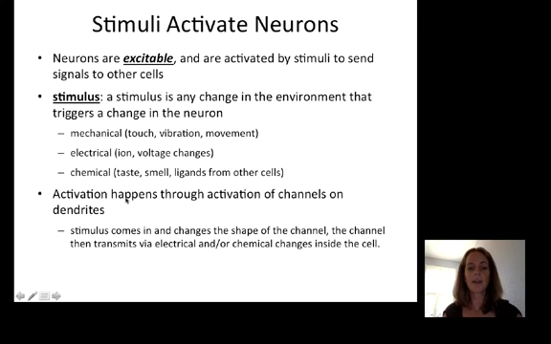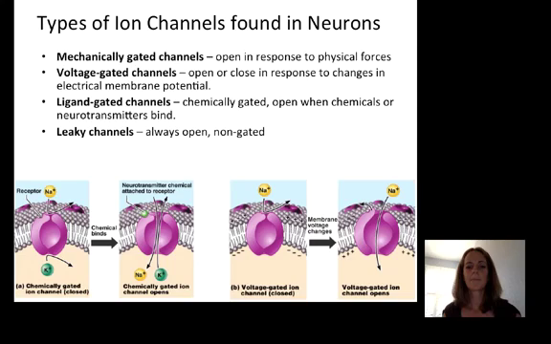Activation of neurons happens through activation of channel proteins that are on the dendrites. So a stimulus will come in, it'll change the shape of a channel. The channel will then transmit through electrical or chemical changes to make changes inside the cell. Very similar to what we talked about in the previous lecture for cell communication. We're going to get a little more specific than what we talked about in the previous lecture, though.